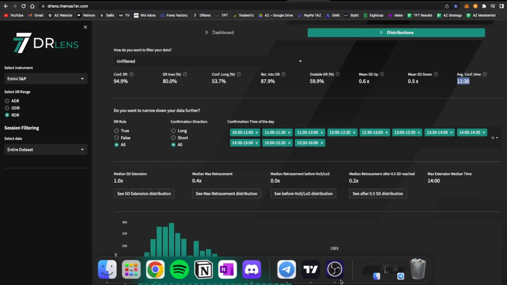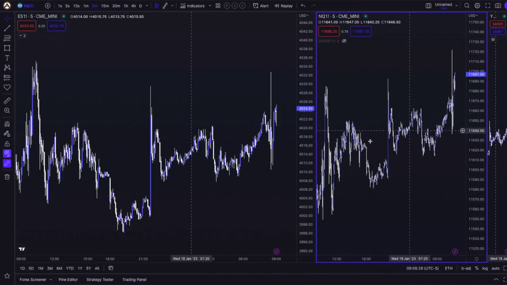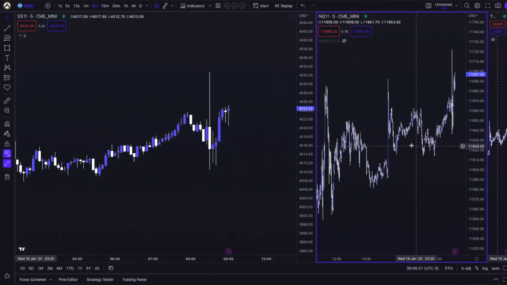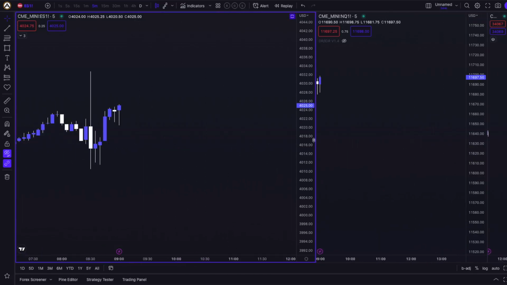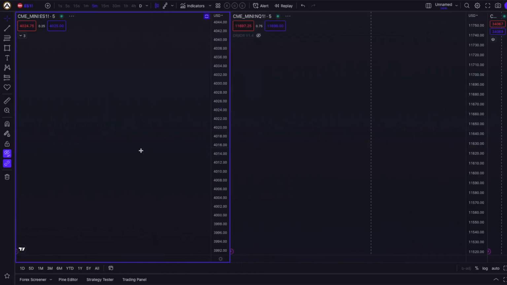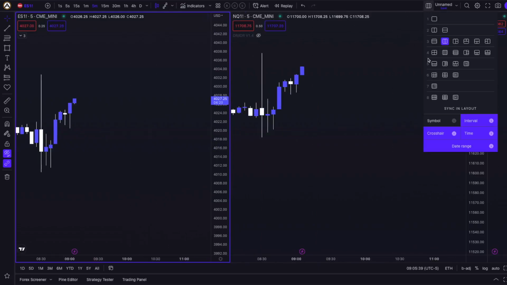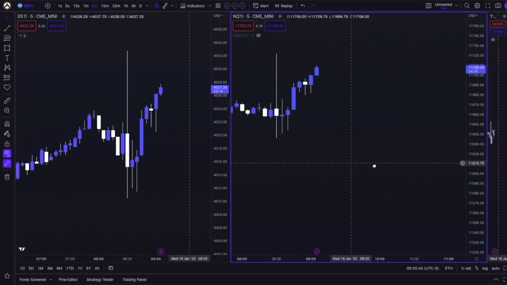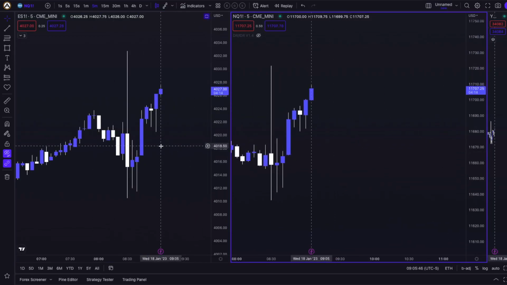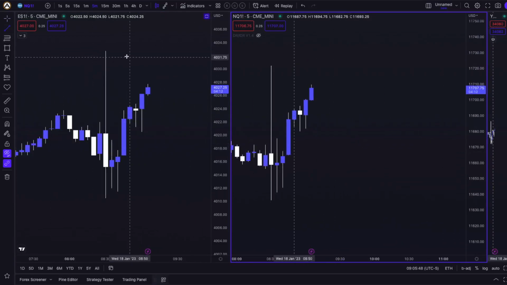All right, so let's go back to TradingView and have a closer look here at the 5-minute time frame. Come on, there we go. Let me turn off date range. That's annoying. So basically we could be looking at our opening range from 8:30.